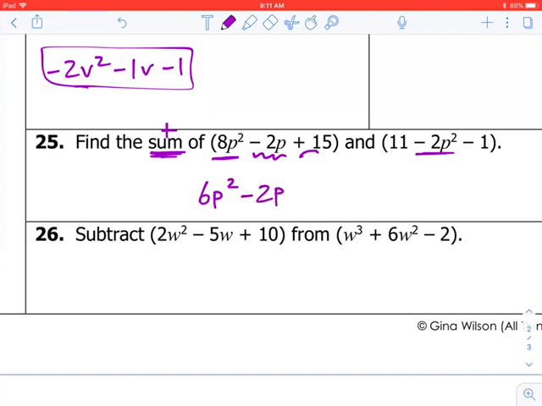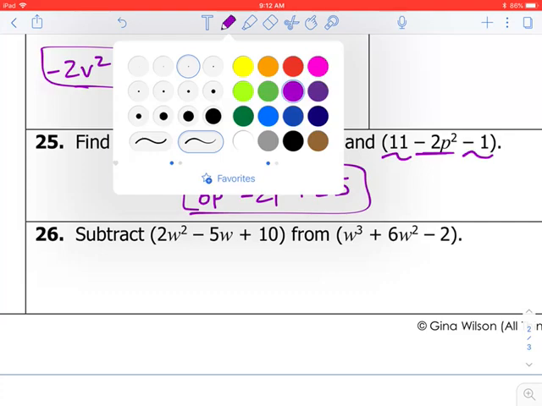And then finally 15 plus 11 minus 1. So actually on that one, we had 3 like terms. So 15 plus 11 is 25. And there's our answer.